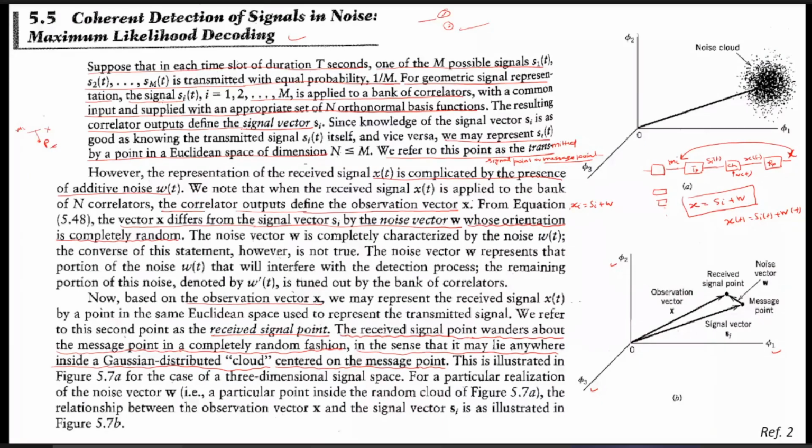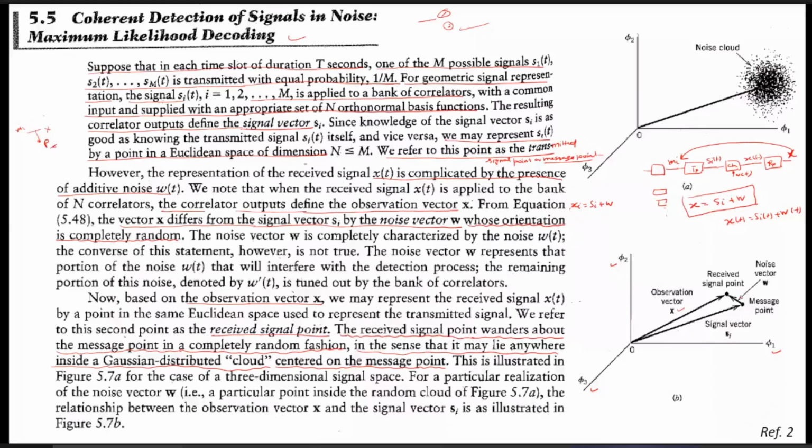But due to this noise vector w, which is added in the message point, it generates the observations vector x, which is nothing but the sum of s_i plus w.